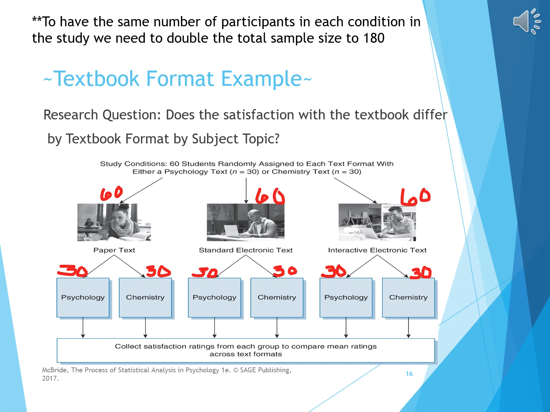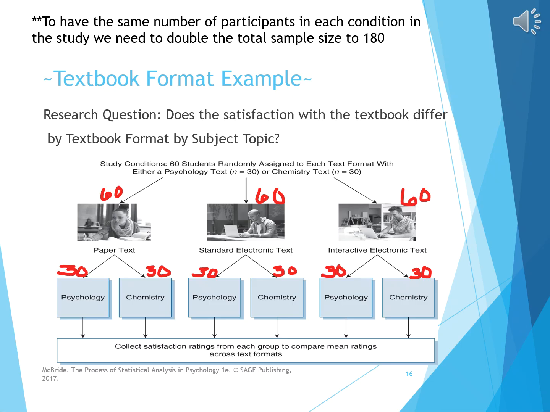Or do I want one of each, which gets very complicated, and that's called a mixed model ANOVA. We're not going to talk about that. For our case, both of these factors, both the textbook format and the subject, are between subjects factors because we're assigning different people to all of these things, right?